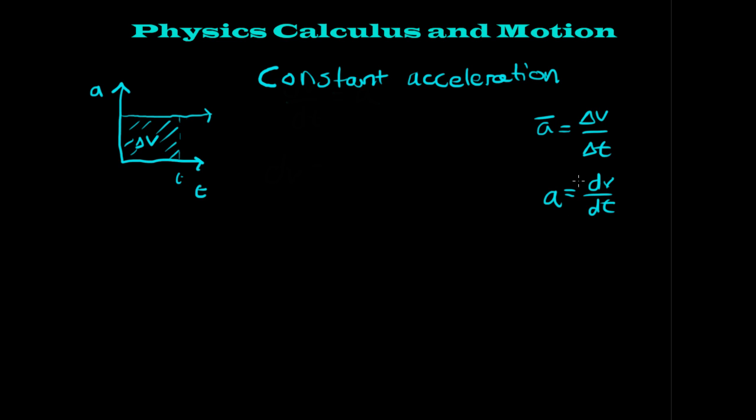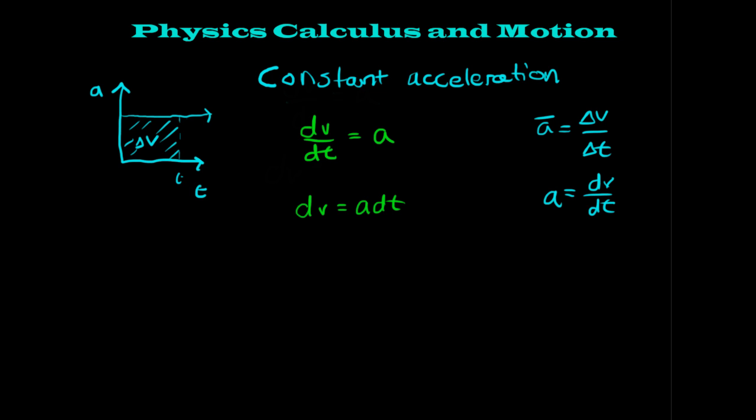So first we'll begin by writing this equality: dv/dt is equal to a. This dt down here, we're going to move over to the other side, multiplying each side by dt, and from there we'll integrate. So we have dv is equal to a dt.